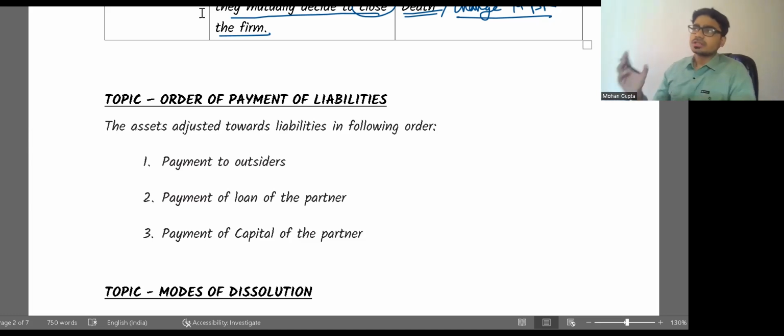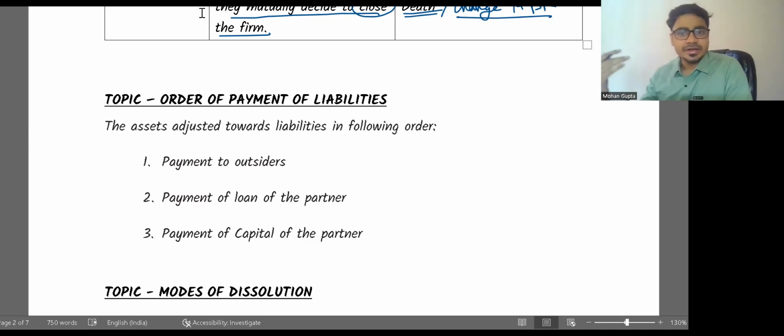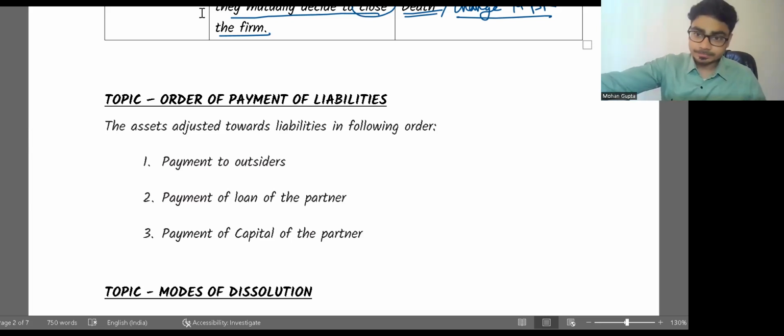First is the liability towards outsiders. For example, bank loan, they have to pay to the bank, to the creditors, to the government. So amount is due to outsiders. That is the first category of liability.